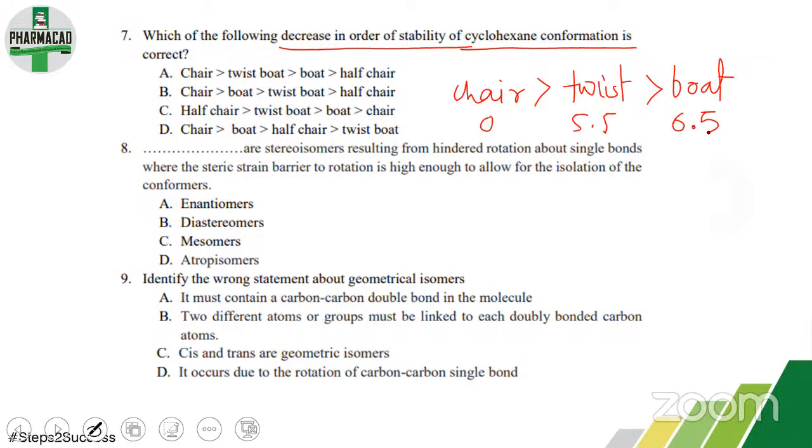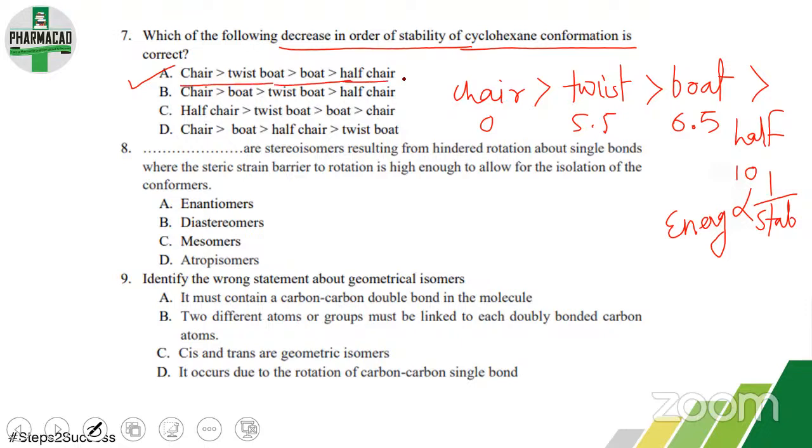And after boat, there is half chair, because half chair requires 10 kilocalorie per mole energy. As we know, the relationship between energy and stability is inversely proportional. If the energy is high, the stability is low. So on this basis, we can conclude the option, that is option A, chair, twist boat, boat and then half chair.